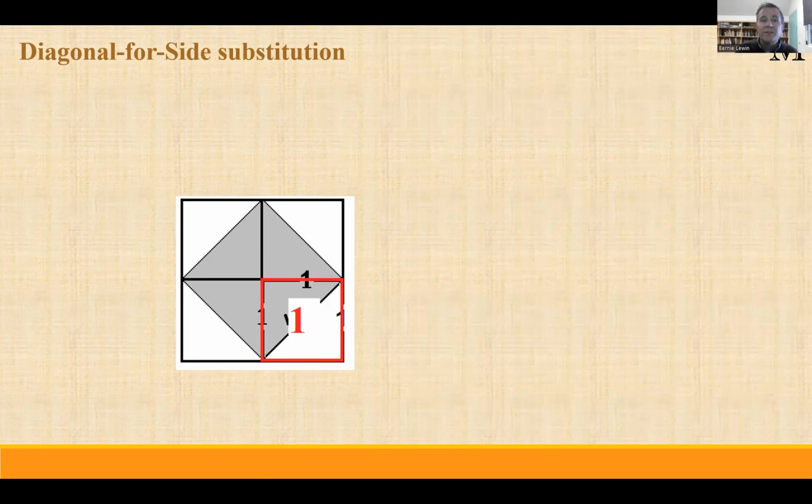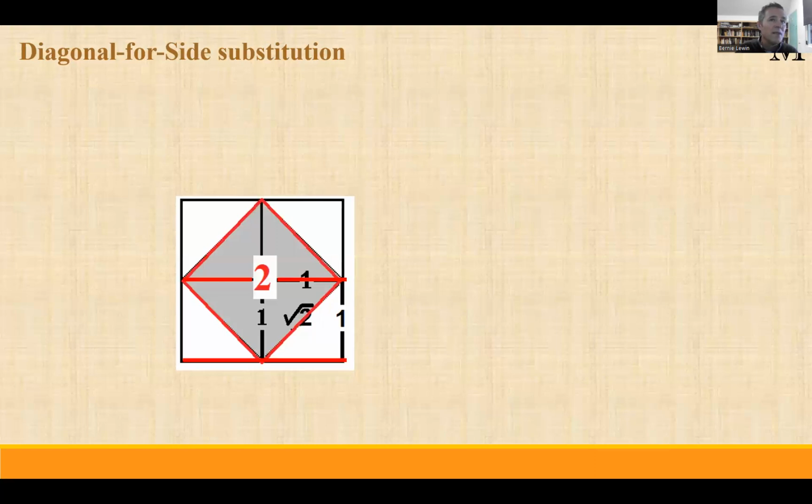So first of all, we've got that original 1 square with its diagonal, and then we've got the 2 square, the area of 2, and then notice how the diagonal of that square is also the side of the next square. And so the outside square has the area of 4.